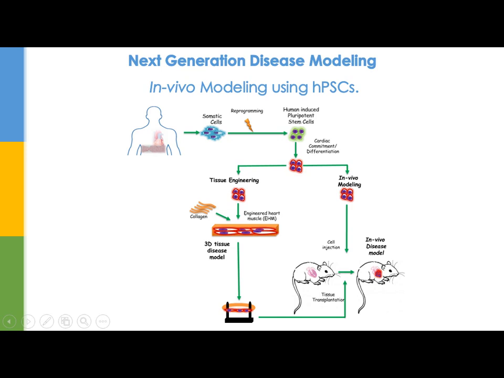We can inject them into SCID mice, and then we get very nice human cardiac islands within the mouse heart. Or we can differentiate them using an engineered tissue platform and mix them with endothelial cells, fibroblasts, and collagen, and transplant these beating cardiac tissues, this engineered tissue, to the mice.